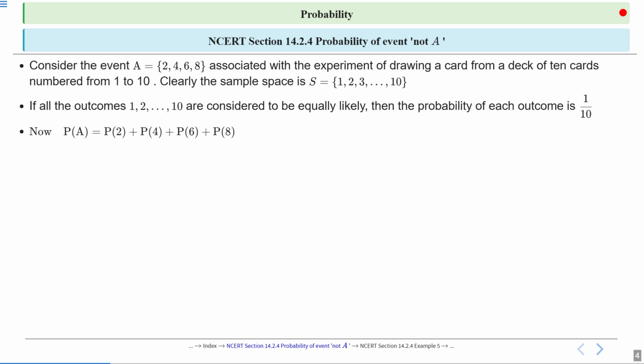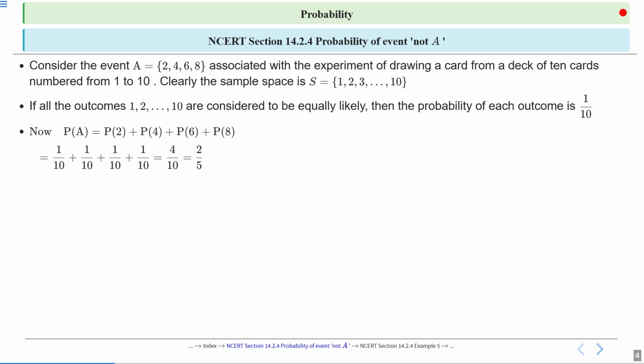Since the probability of each outcome in the event A is 1 by 10, the probability of A is 1 by 10 plus 1 by 10 plus 1 by 10 plus 1 by 10, that is 4 times 1 by 10.